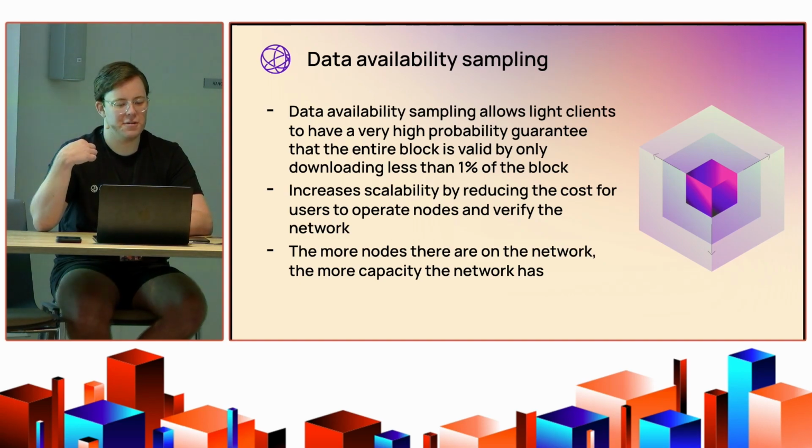And this increases scalability, reduces cost, and allows more people to operate nodes on the network and actually have control and sovereignty over the information that they're getting from the chain, rather than having to trust full nodes.